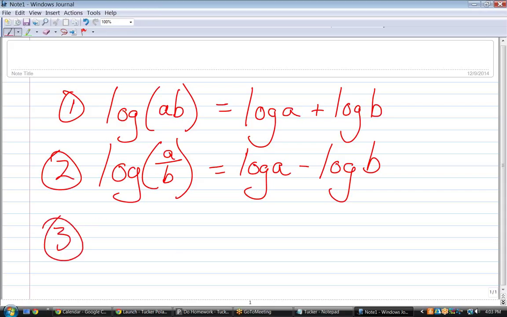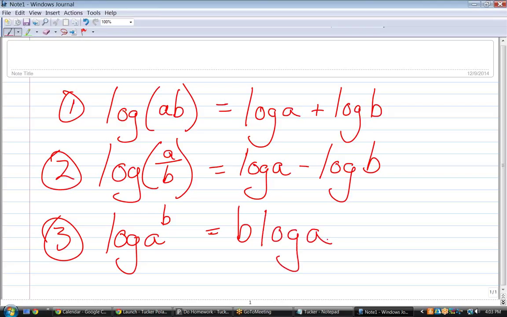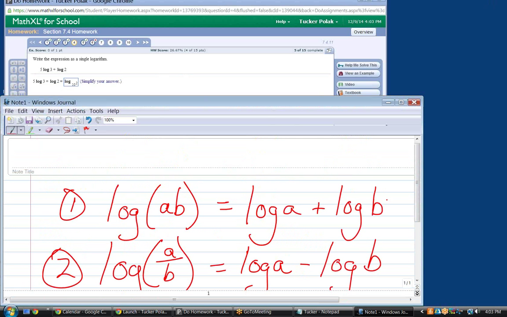And finally, the third one is the log of a to the b power equals b times log of a. Okay? So, for sure, memorize these three, because you have to use them on all kinds of problems like this.